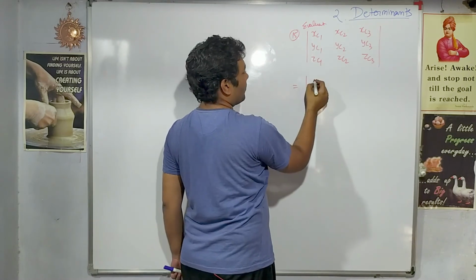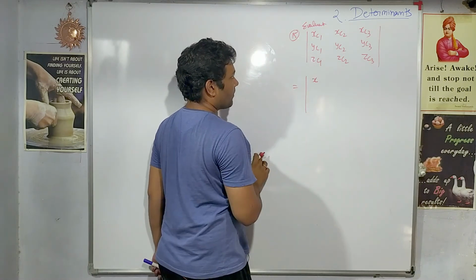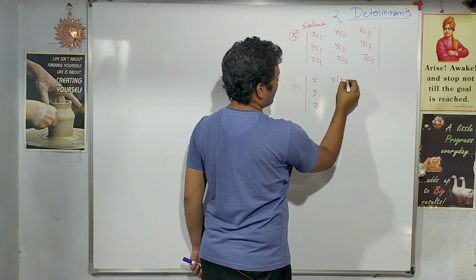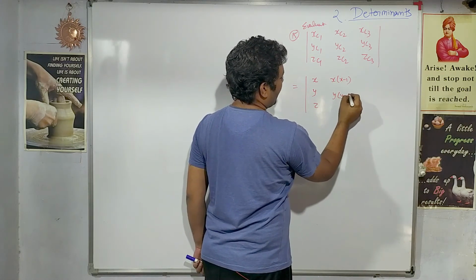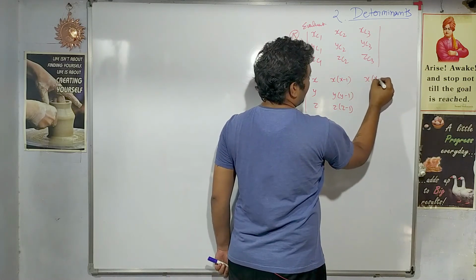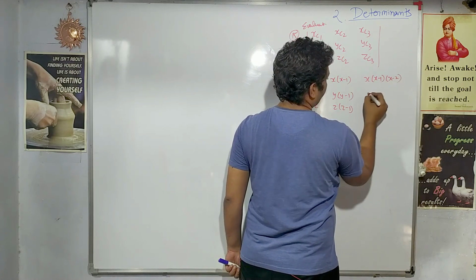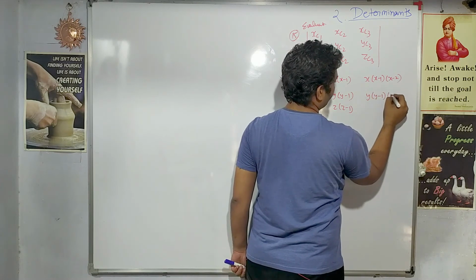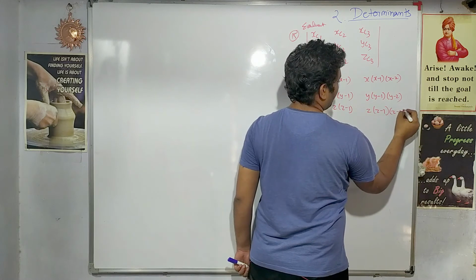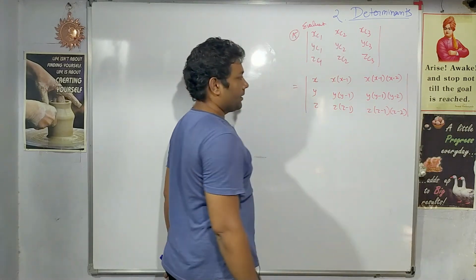x factorial up to x minus 1 terms. I hope you know the meaning of combination. So here you have x into x minus 1, y into y minus 1, z into z minus 1. But this is a very simple question, right?